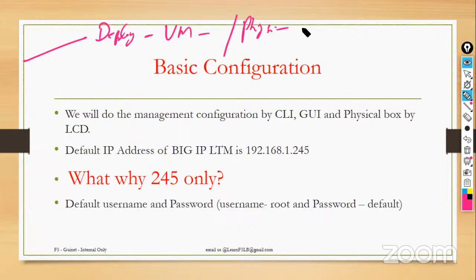It may be virtual or physical, but in our lab we will do everything on virtual. We will see how we can deploy the F5 from scratch, how we can configure the management IP, what the default management IP is, what the username and password are, everything, so that whenever you go to the production environment and need to deploy any box, you can easily deploy it.